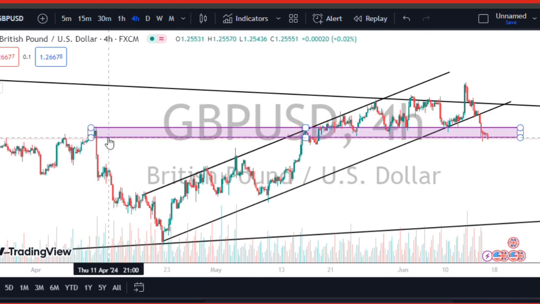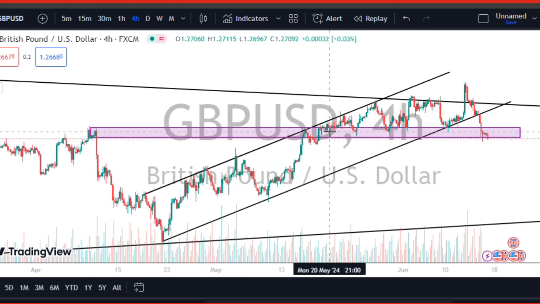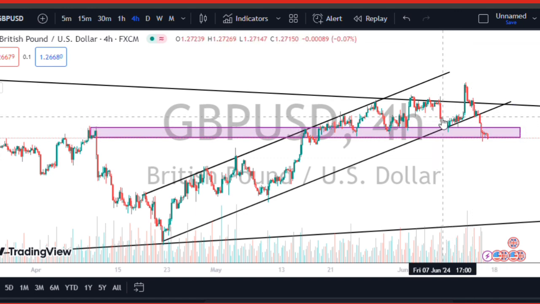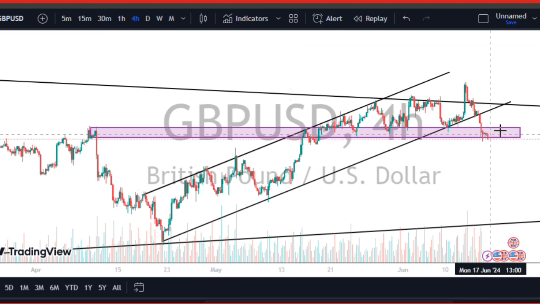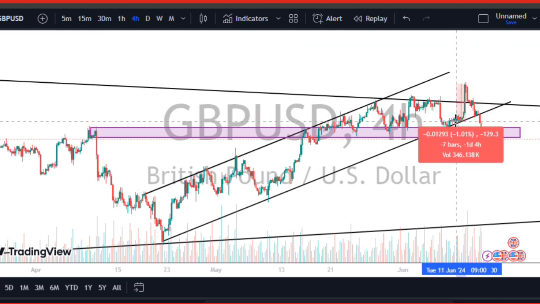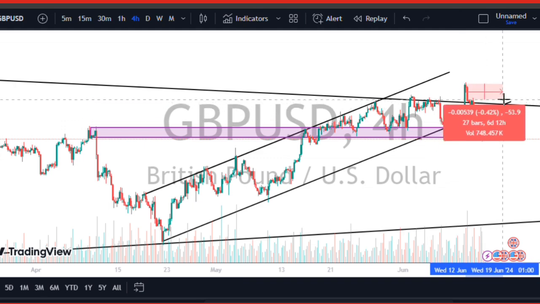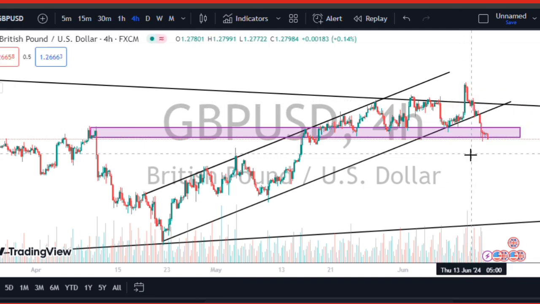This resistance zone turned to be our support. From this point we had two confluences. This support and this resistance act as a very good confluence to go on a long position up to here, catching about how many pips? Catching about 127 pips. This was a news event, I think.